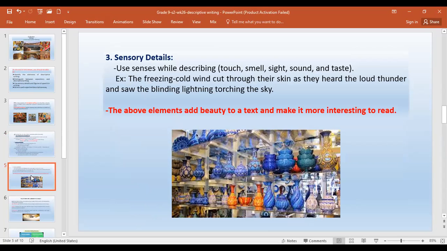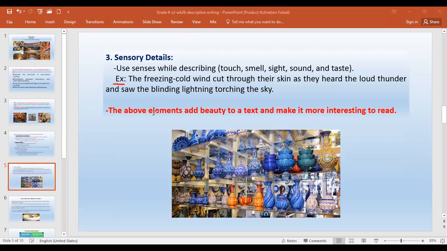Sensory details use senses while describing: touch, smell, sight, sound, and taste. Example, the freezing cold wind cut through their skin as they heard the loud thunder and saw the blinding lightning torching the sky.